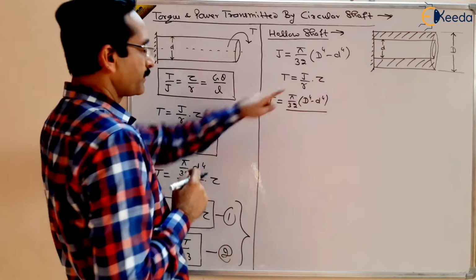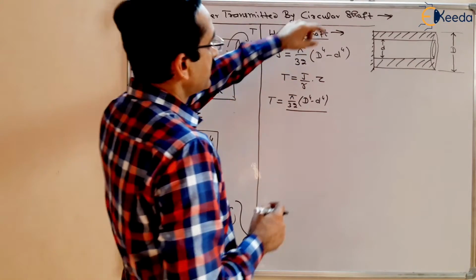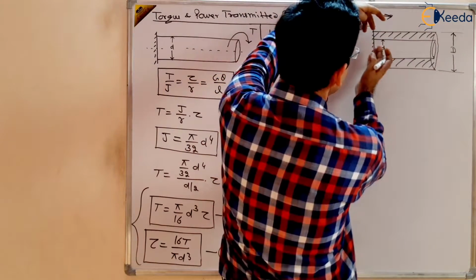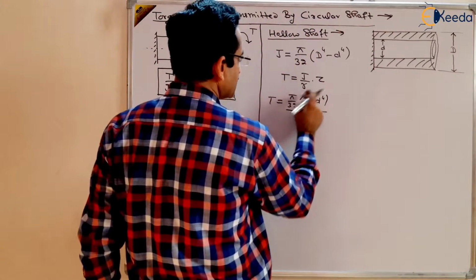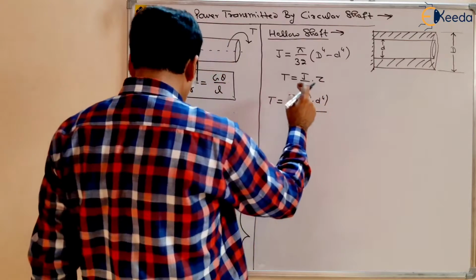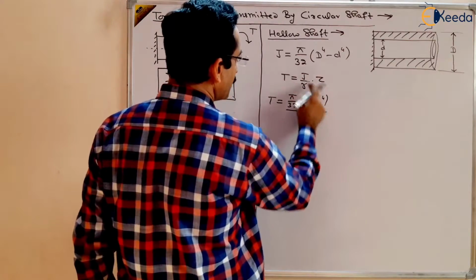What is R? Basically this is the radius at a certain point. If we are looking for the maximum torque, then we should use the outer radius.